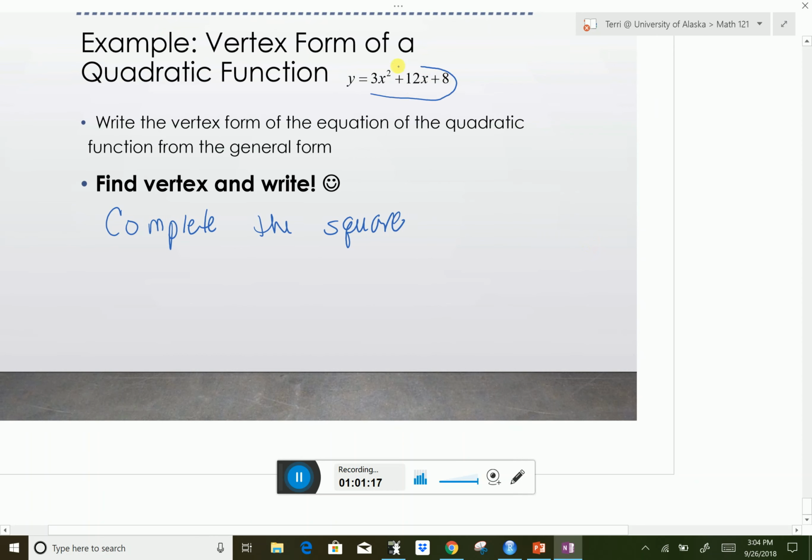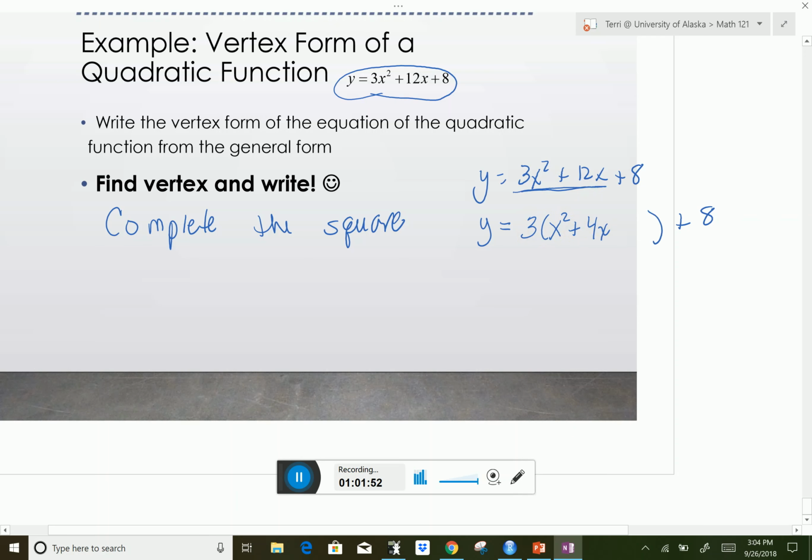So for this one right here, when you complete the square, we have y equals 3x squared plus 12x plus 8. So the first thing I'm going to do is move the plus 8 out right over there just for a second. Then I'm going to take 3 out of these two: 3 times (x squared plus 4x).